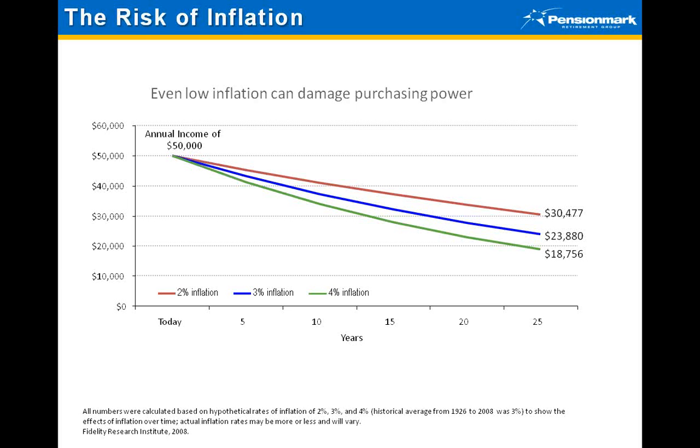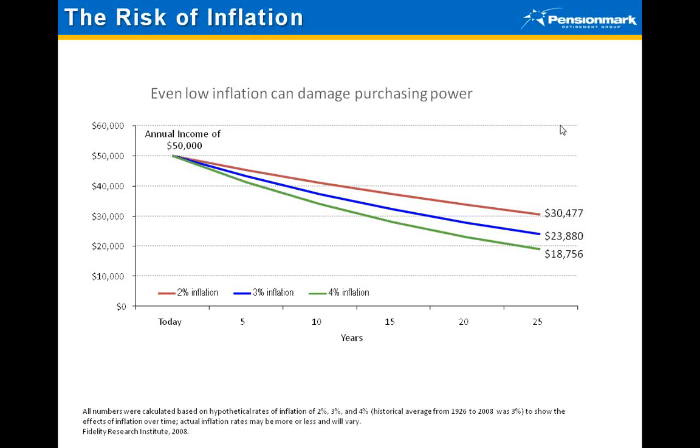But even at only 2%, you can see where you are reducing your income. An income of $50,000 now would only be worth about $30,000 in future dollars. And we all know that 25 years from now, if we went to the grocery store with $100, we wouldn't be able to buy nearly as much as what we buy now.